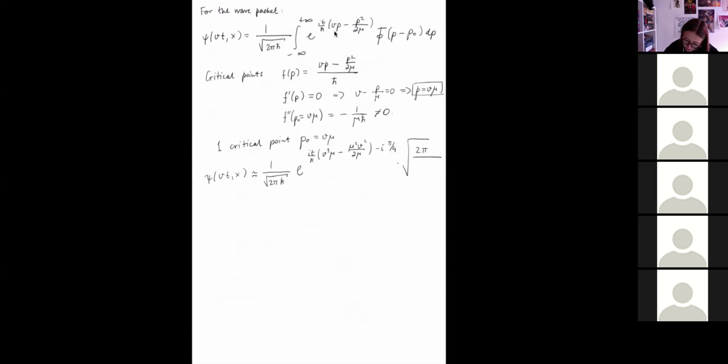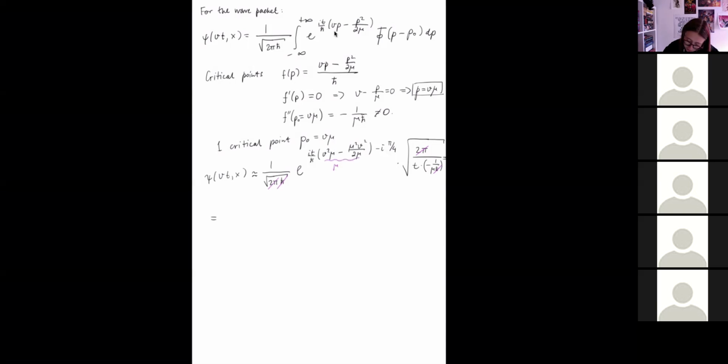So 2 pi over t. And we already calculated the second derivative. It's minus 1 over mu h bar. Okay. So 2 pi goes away. Use a different color. 2 pi, h bar goes away.